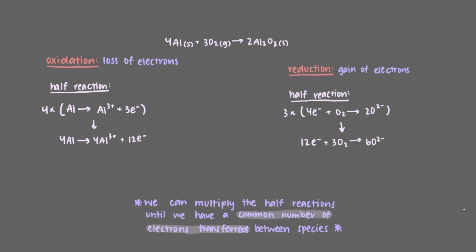The oxygen atoms gain a total of 12 electrons, which is the total number of electrons lost by the aluminum atoms. As a result, the half reactions are now balanced with respect to electrons too. We are now able to put our half reactions together to write the following equation to describe the reaction between aluminum and oxygen. 4 aluminum plus 3 oxygen yield 2 aluminum oxide.